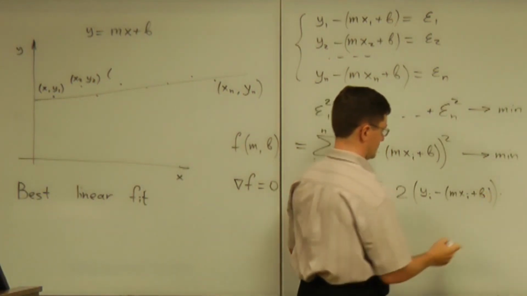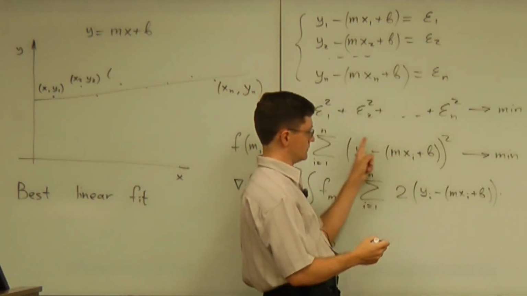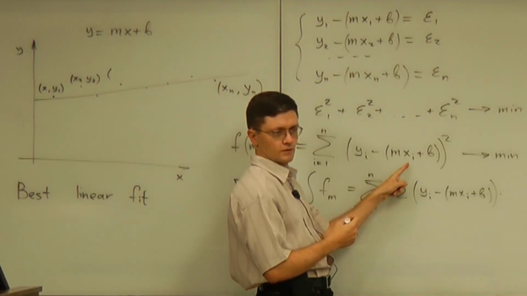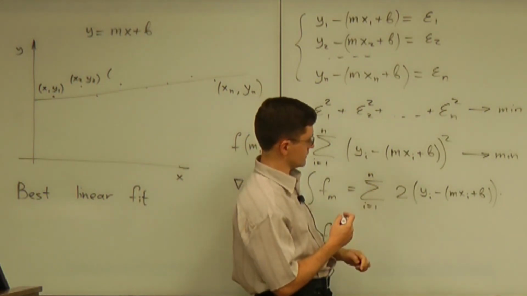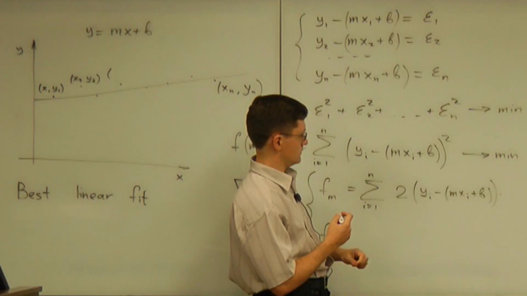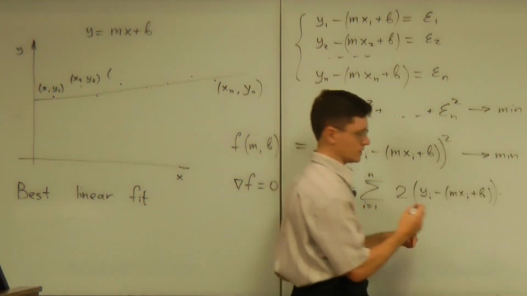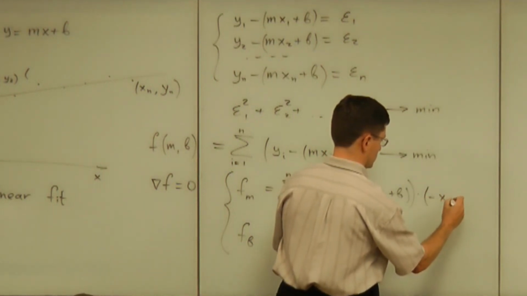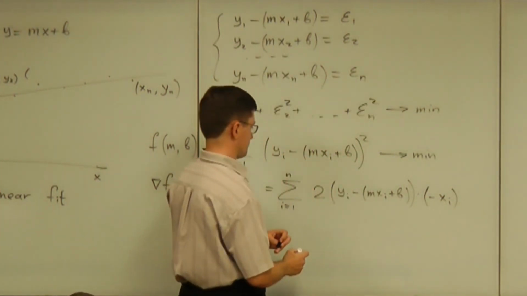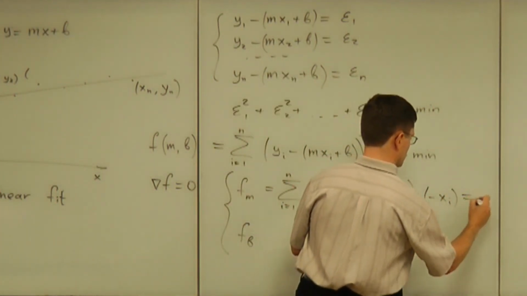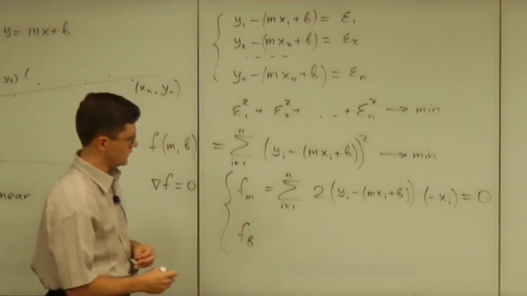And that should be multiplied by the partial of that quantity inside with respect to m. And what's that? Negative xi, that's correct. So you equate that to 0.